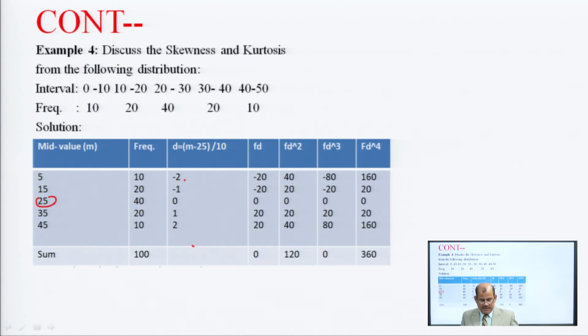Take the sum: sum of FD is 0, sum of FD square is 120, sum of FD cube is 0, sum of FD raised to the power 4 is 360.